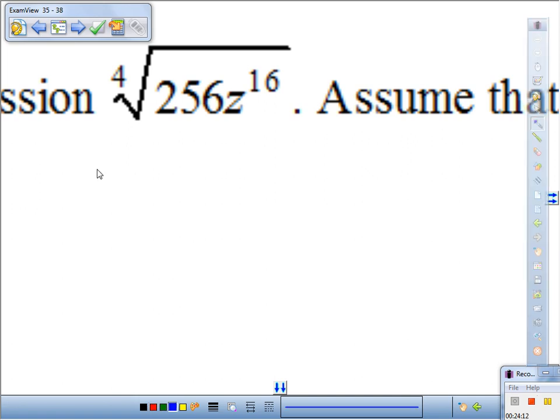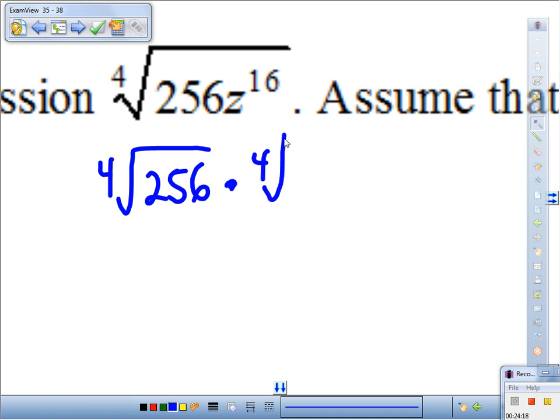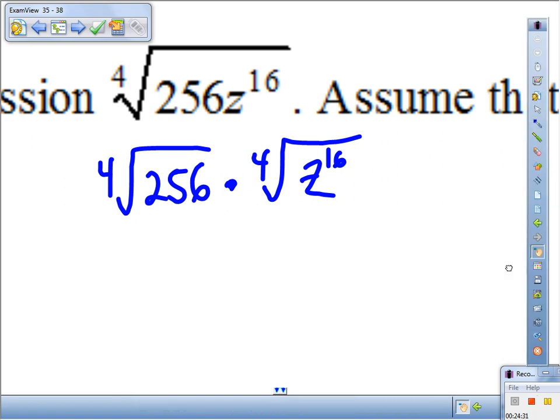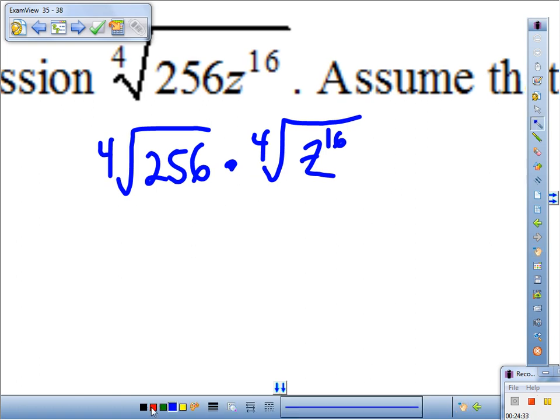So what do I have? 4th root of 256 times 4th root of z to the 16th. I remember when we covered these, I gave you more variables and we separated it all, and then at the end we brought them together. So let's simplify each one at a time, and then we'll bring them together at the end.